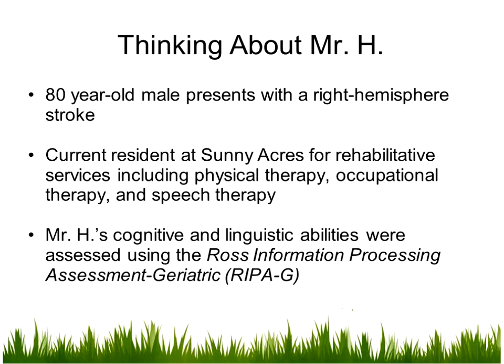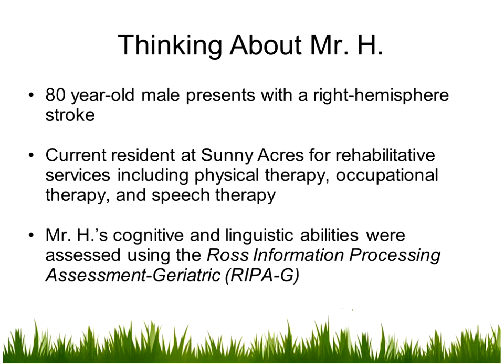But I want you to think about Mr. H. He's an 80-year-old male. He presents with a right hemisphere stroke. So right, not left. So start thinking about right hemisphere. He's currently a resident at Sunny Acres for rehabilitation services, and he's getting physical therapy, occupational therapy, and speech therapy.